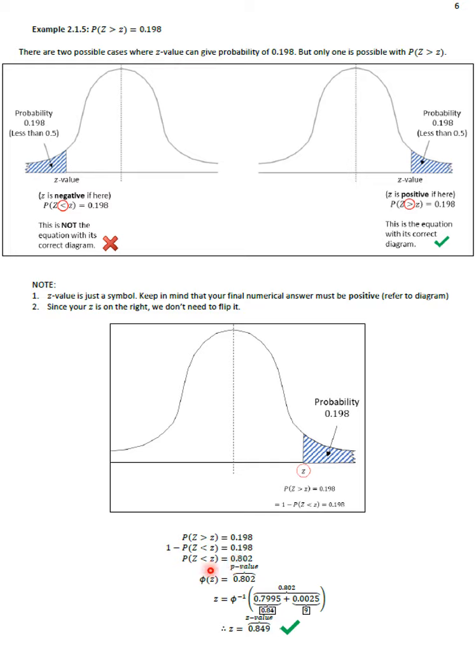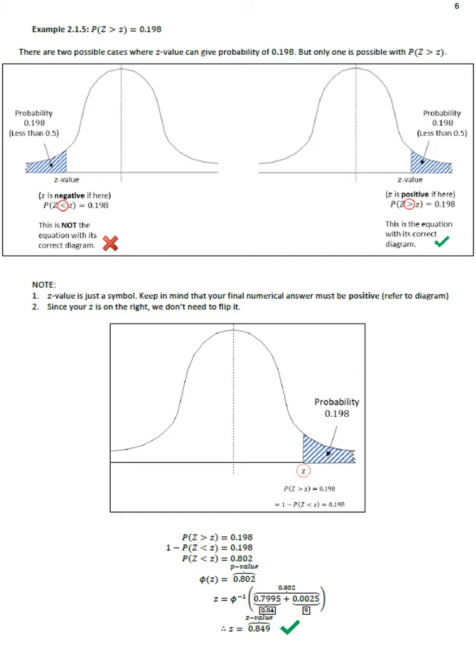Since this is Z less than something, you can write it as phi of something. 0.802 is still the probability. If you want to find z, phi becomes inverse phi. You will not be able to find 0.802 exactly, so find the nearest to it, and that's your z value.